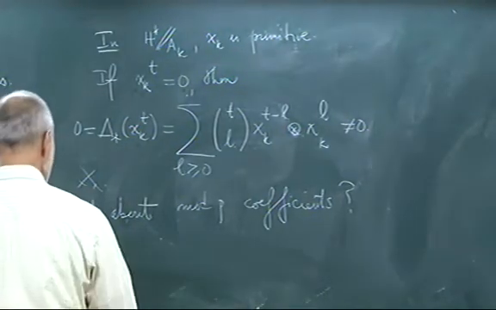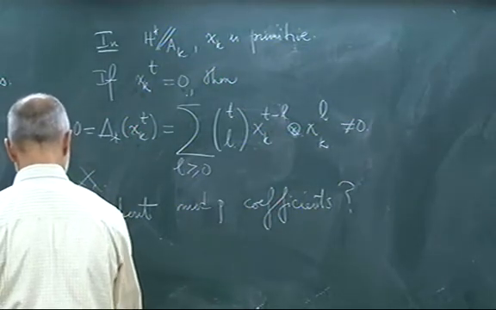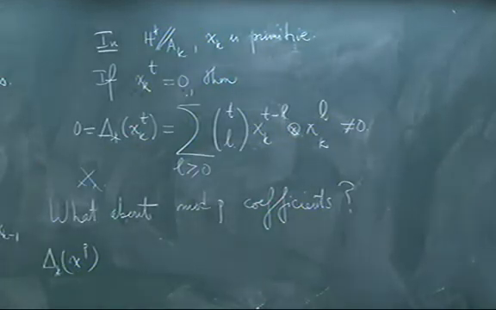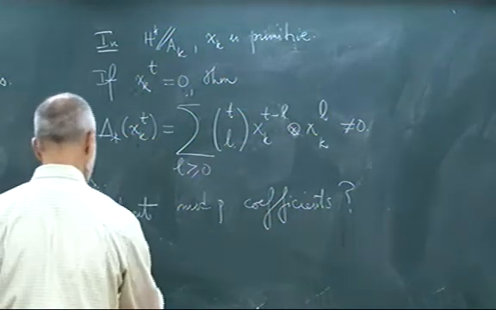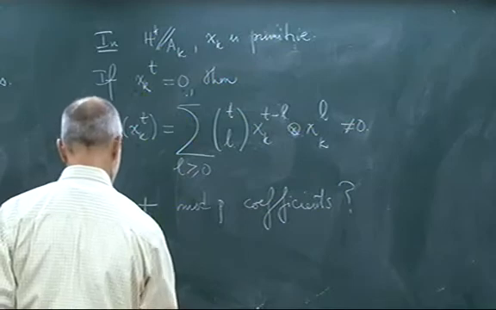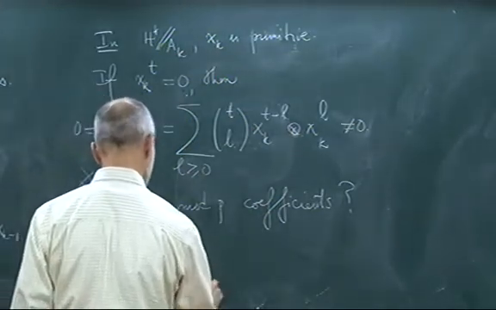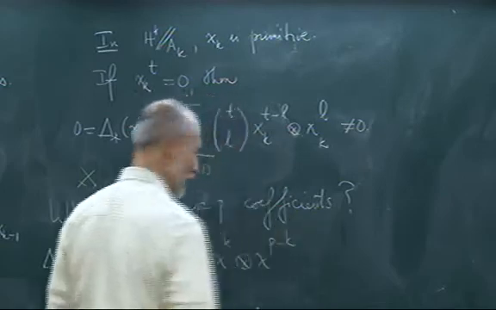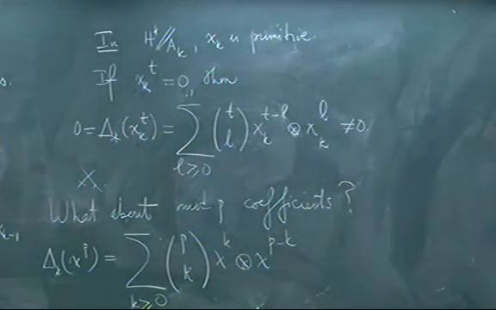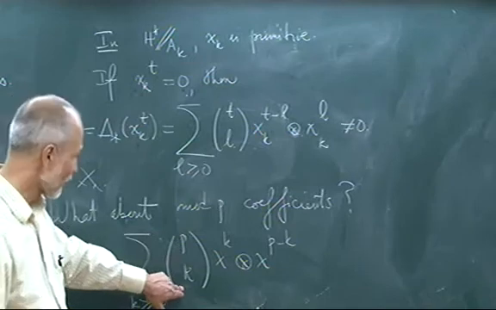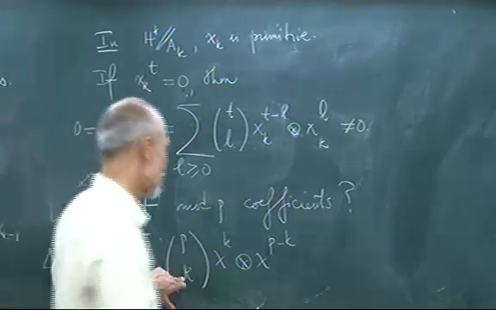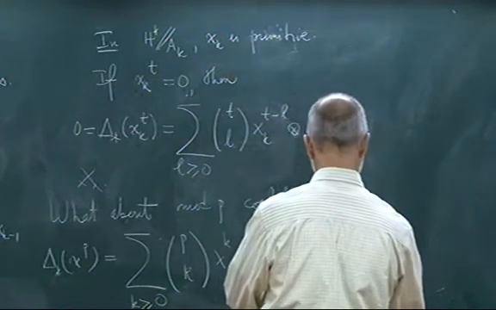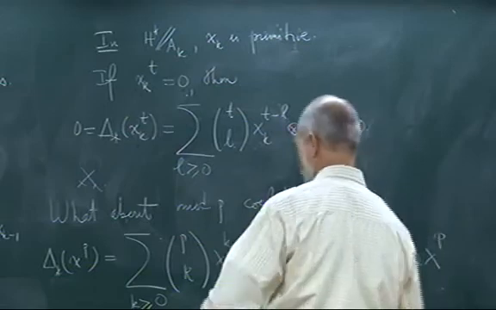Well, here's an interesting simple observation, which is if I take my binomial theorem over here, of course I'll get the sum over k greater than or equal to 0, p choose k, x to the k tensor x to the p minus k, and now one uses the obvious fact that the binomial coefficients vanish unless k is 0 or k is p, and so in fact this is equal to x to the p tensor 1 plus 1 tensor x to the p mod p.